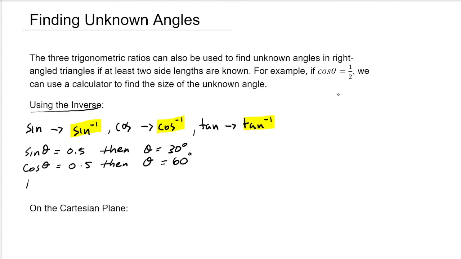And then we have tan. If tan theta is 0.5, then theta is going to be a little bit different and a little bit more complicated: 26 degrees, 34 minutes, and that is to the nearest minute.